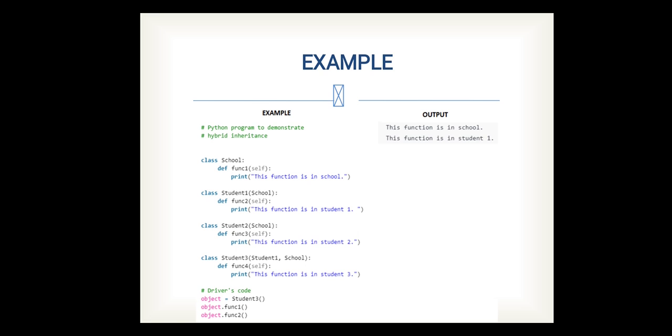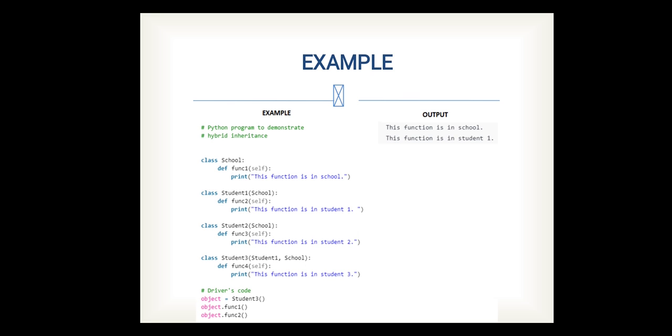But see this class student 3, here we have inherited from student 1 and also from school. So this is an example of multiple inheritance. It is a combination of hierarchical and multiple inheritance.